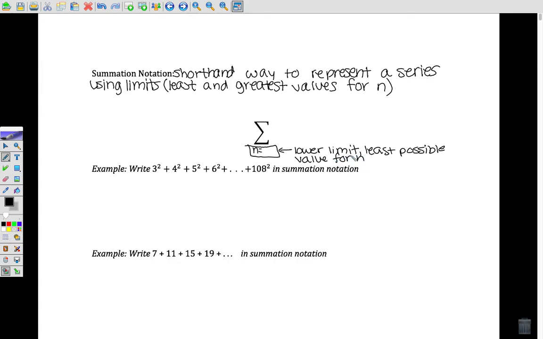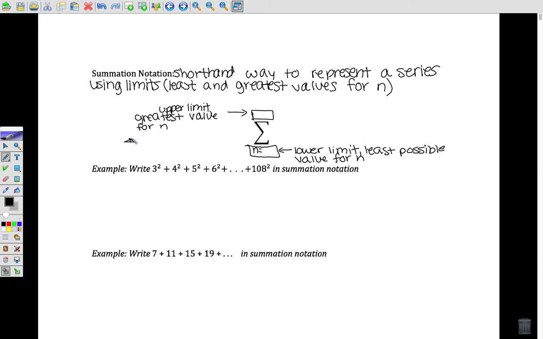For example, if we wanted to add only the 5th term to the 12th term, 5 would be our lower limit. It's what term we're starting at. Then up top, we plug in the upper limit, which is just the greatest value for n. Again, if we're adding the 5th through the 12th term, 12 would go up here.